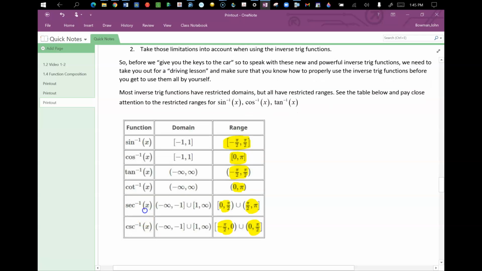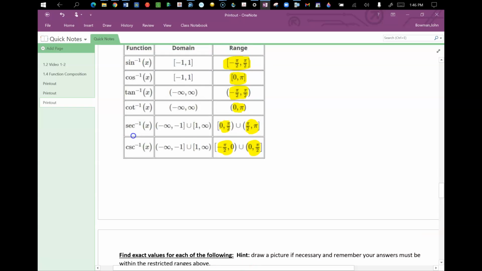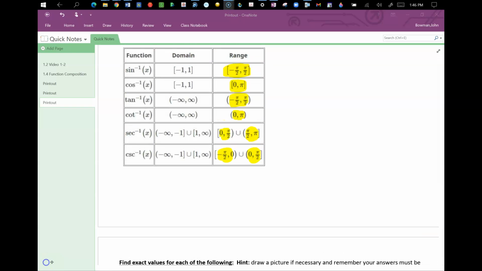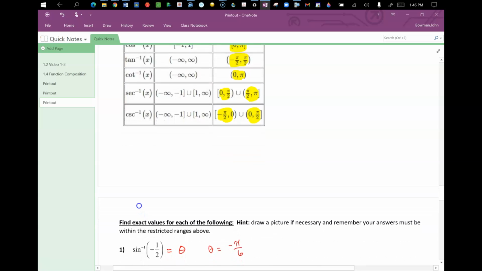So the next thing we're going to do is a few practice problems. To keep things simple, we're just going to look at one at a time and think about how we should interpret these. So, inverse sine of negative 1/2.